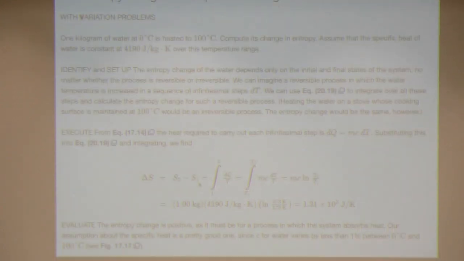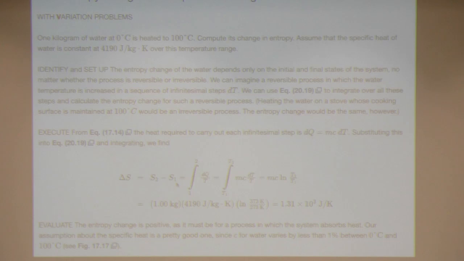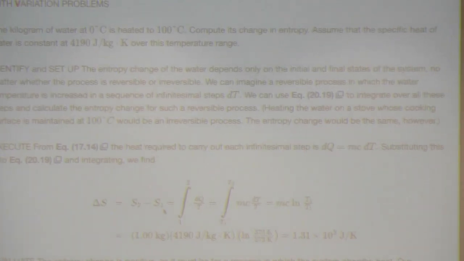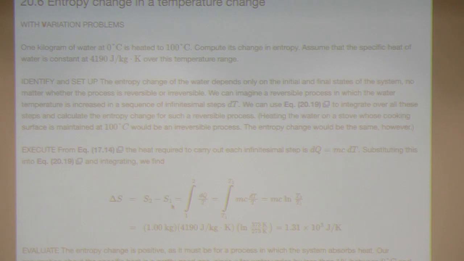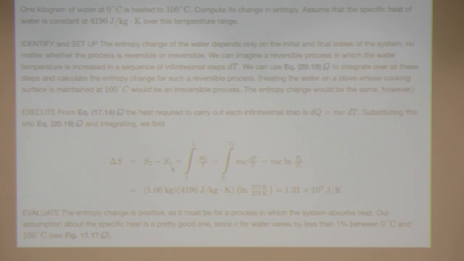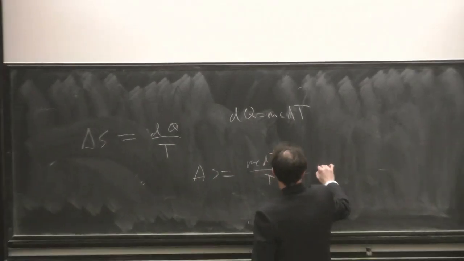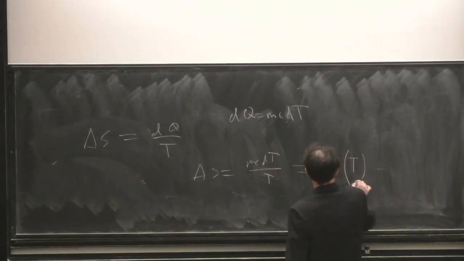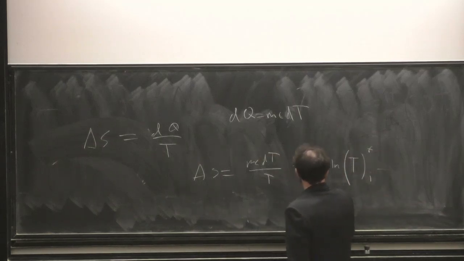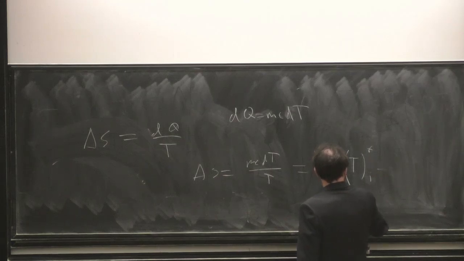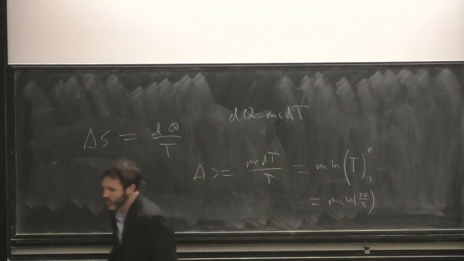So what we do is we have delta S is equal to dQ over T. For this type of problem, of which we've already done examples from our book, delta S is given by the differential heat flow, dQ over T, but we know what that is. dQ is going to be equal to mc dT, so delta S is going to be mc dT over T, which turns into mc natural log of T from some initial to some final, which we can write as mc ln T final over T initial, which is how they got that result there.